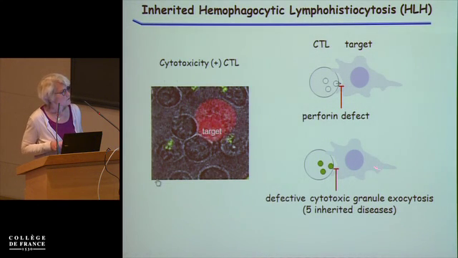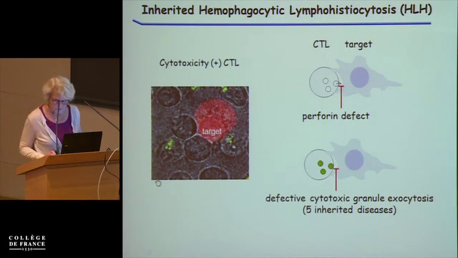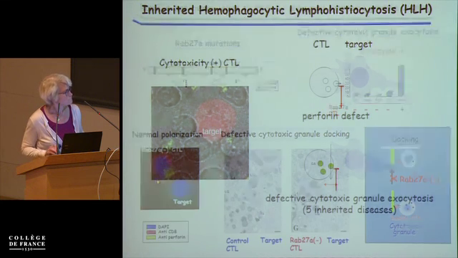The characterization of the other causes leading to this inherited immune disorder has allowed us to characterize key steps and critical effectors which are required either for the maturation of the cytotoxic granules or the secretion of their contents at the immunological synapse during the killing process. So I will not detail these various causes leading to HLH, but very rapidly take two examples.